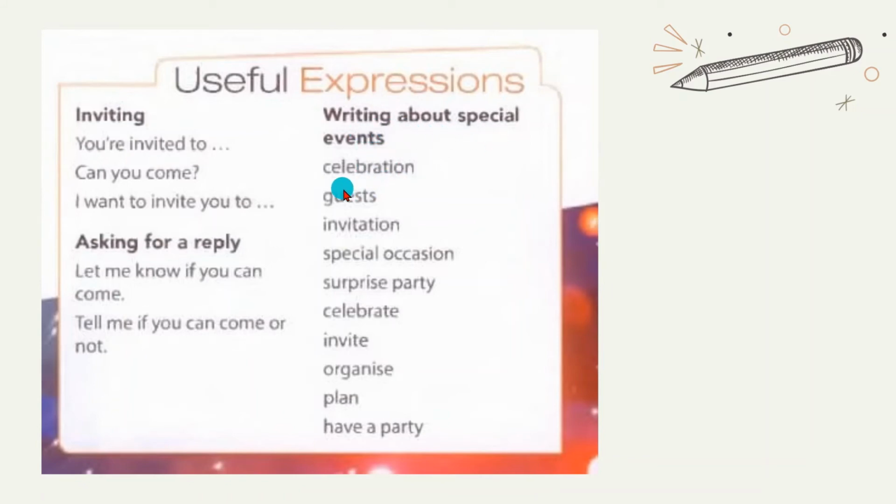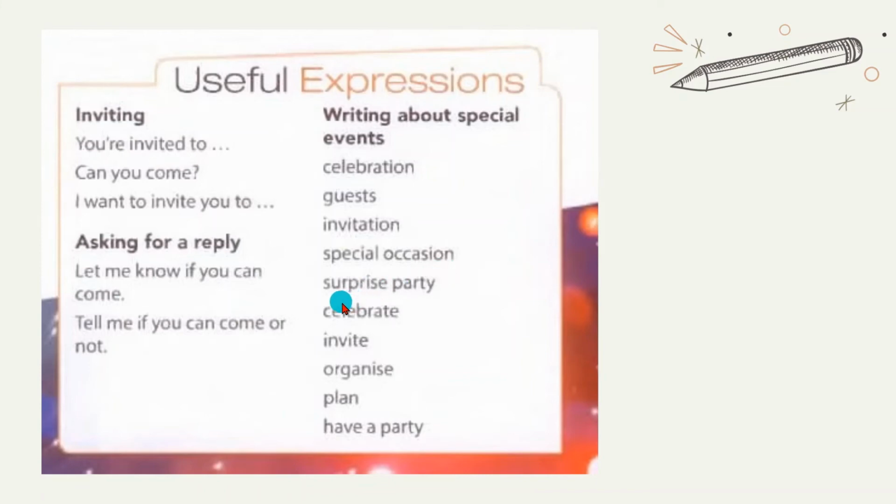And these are words that you can use to write about special events. Maybe you can use the word celebration, if there's any good news and you want to celebrate. Then guests, who you invite. Invitation, the act of inviting. Special occasion, maybe a birthday, maybe somebody gets married.